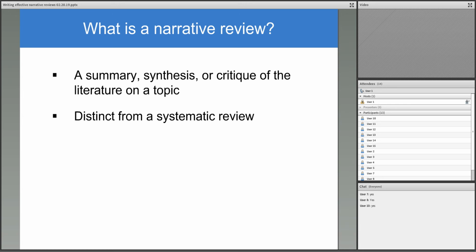Like a narrative review, a systematic review assesses the literature that is relevant to a specific line of inquiry, but unlike a narrative review, a systematic review follows a rigorous and detailed set of rules, such as the Cochrane Handbook, to guide the selection of studies and the analysis of their findings.